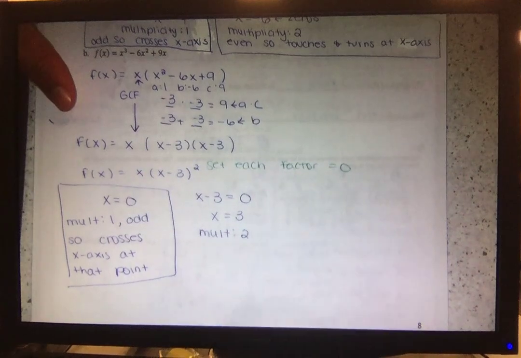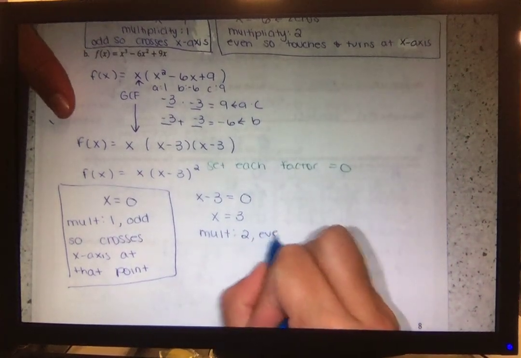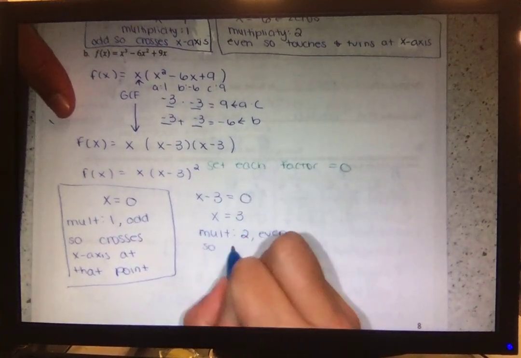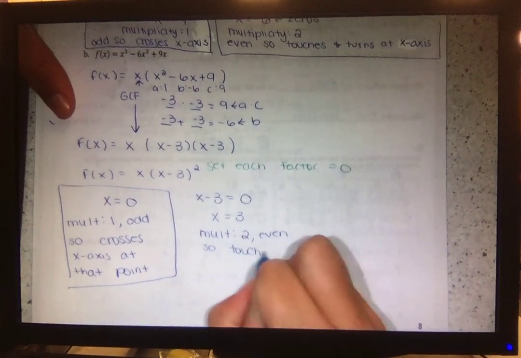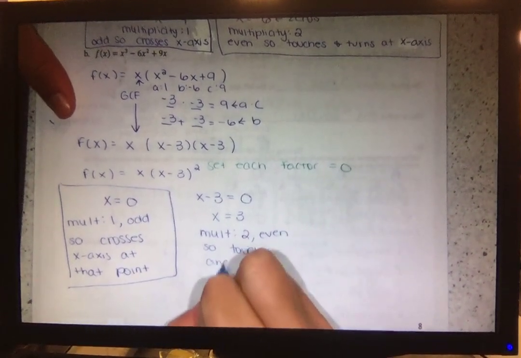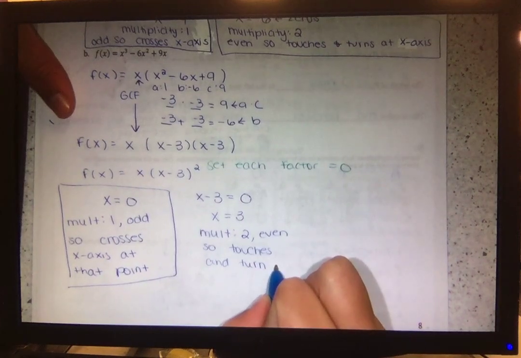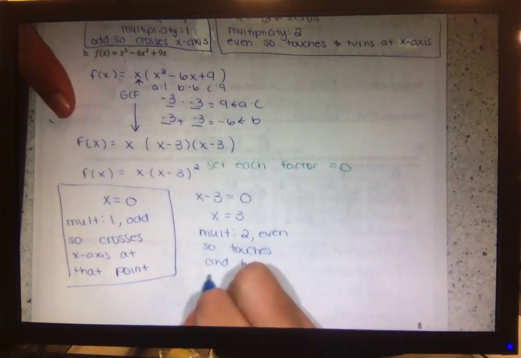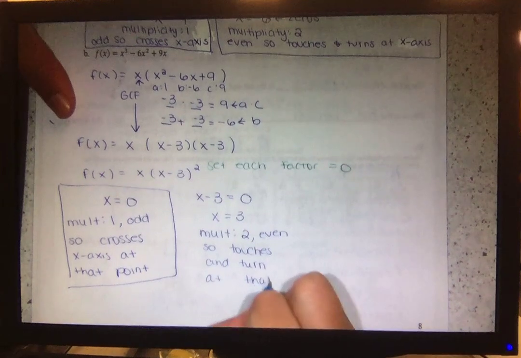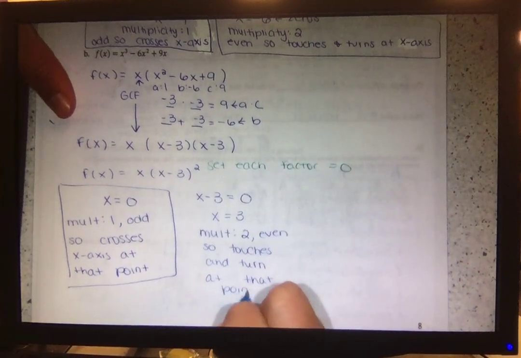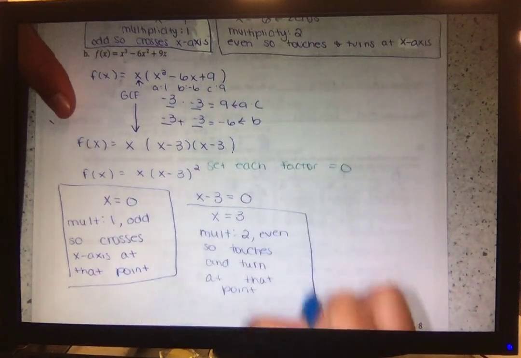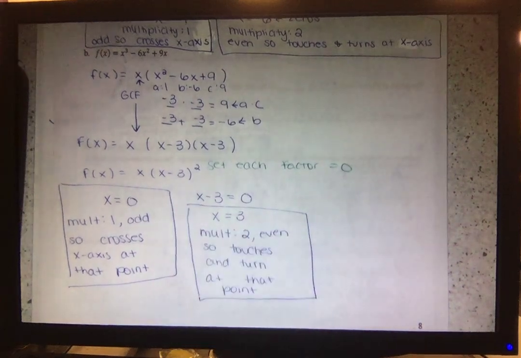At x equals 3, our multiplicity is 2, which is even, so what's going to happen? Good, bounce or touch and turn. That's it.